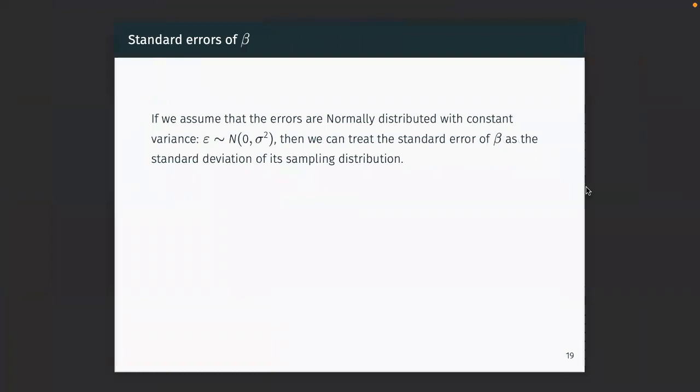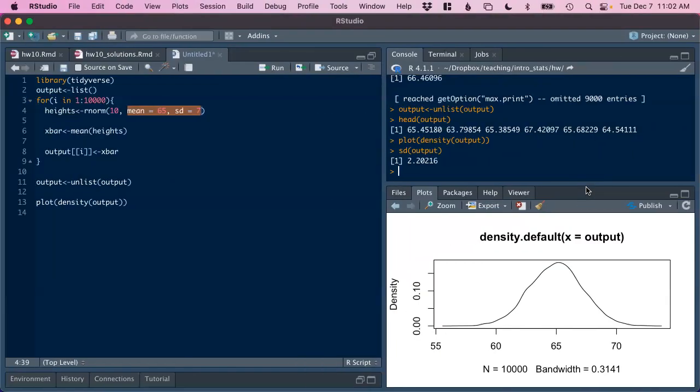We can treat the standard error of beta as the standard deviation of its sampling distribution. That is, we can say that a beta comes from a distribution like this. Our betas in our regression equation come from sampling distributions.